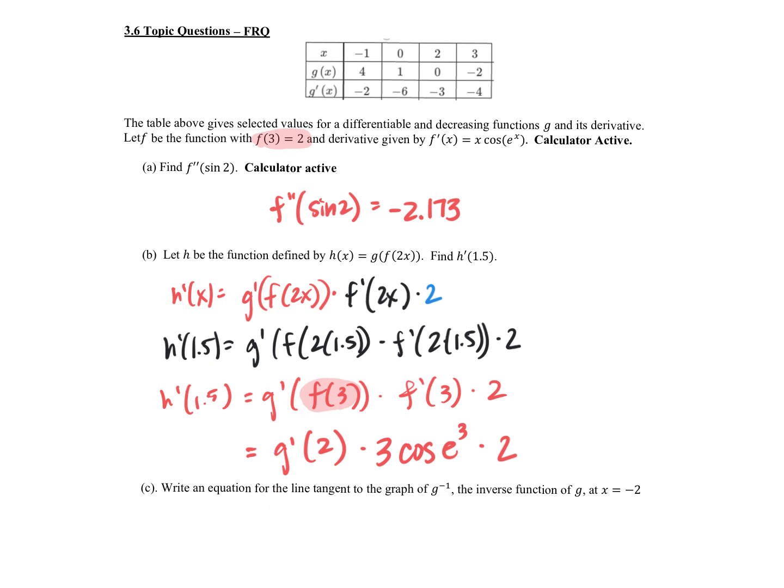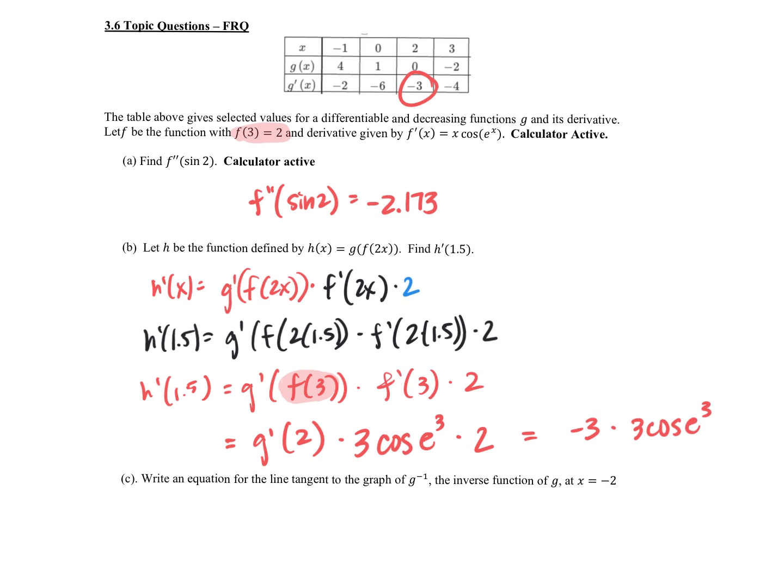Here we go. G prime of 2. Do we know what that is? G prime of 2 is -3 times 3 cosine of e to the 3rd times 2. I would just leave it there, okay?